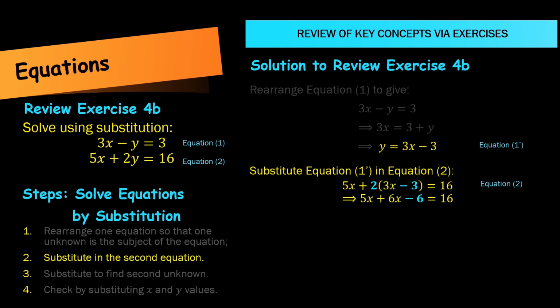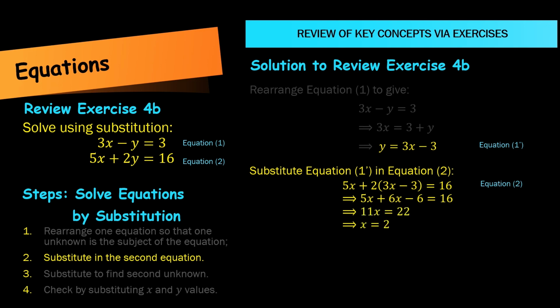And tidying up gives 5x plus 6x is 11x, and 16 plus 6 is 22. And finally, dividing through by 11 gives us x equals 2, as shown.